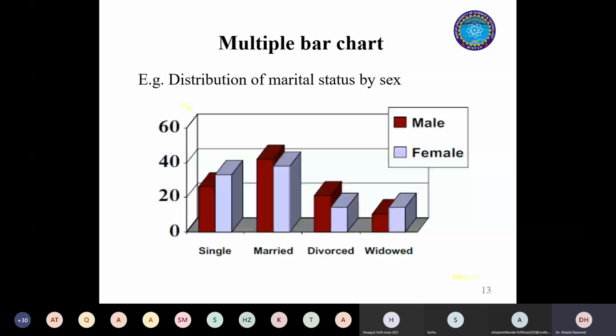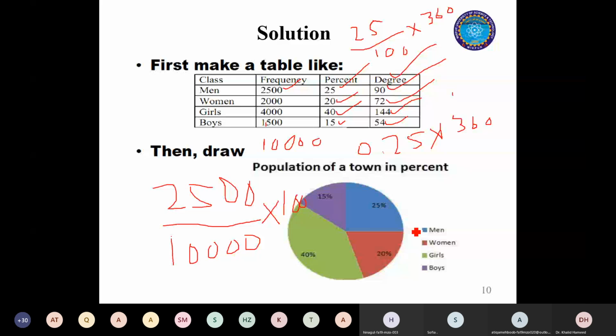I told you that your pie chart has one limitation. The biggest limitation of the pie chart is that you cannot accommodate more than one variable. Let's suppose, along with these men, if I would have other data like season, for season I was required to develop a separate pie chart.